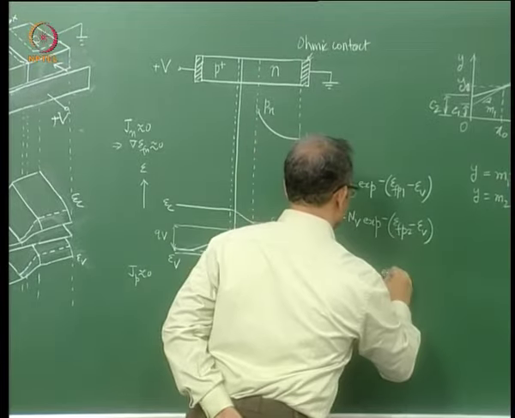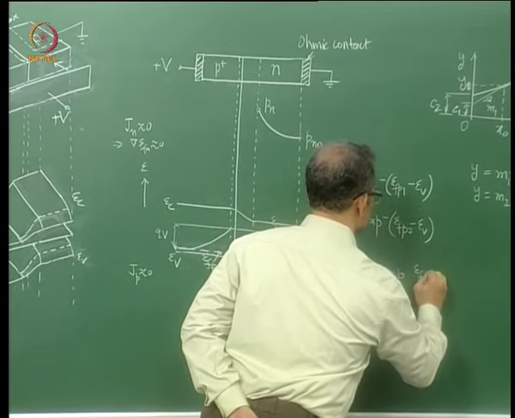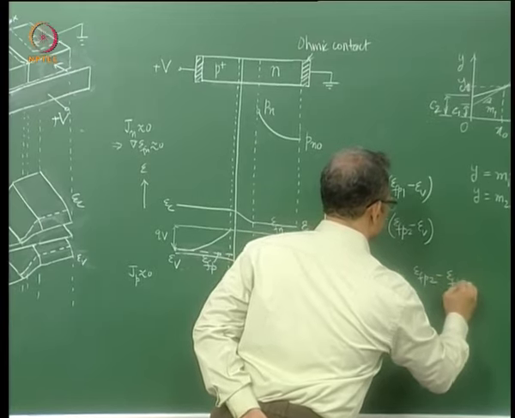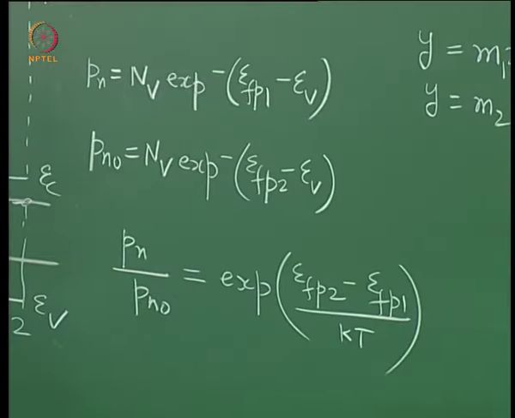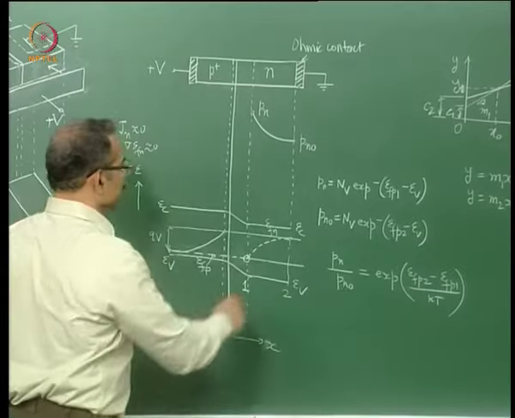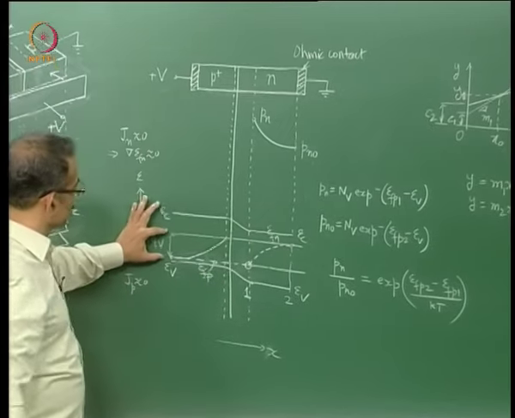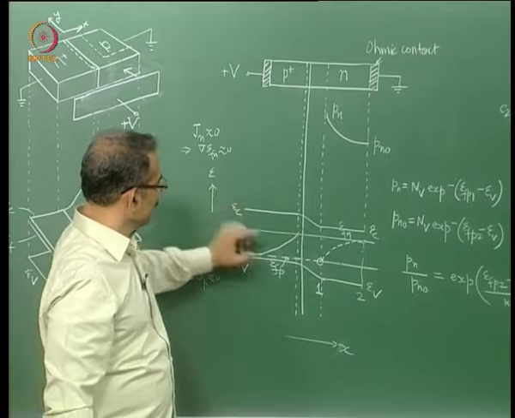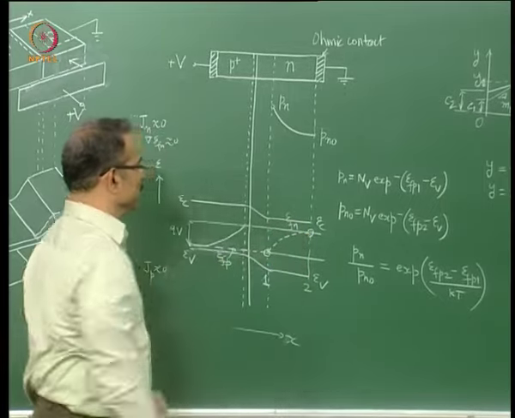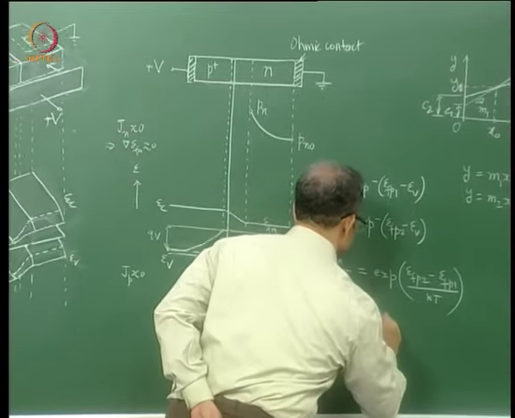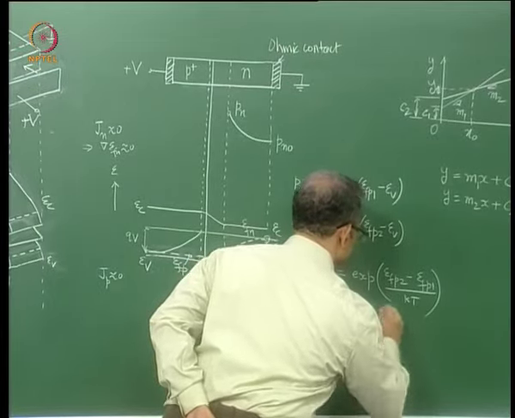Nv will cancel out and you will get this as exponential of EFP2 minus EFP1 by kT. Now what is EFP2 minus EFP1? EFP2 is this, EFP1 is this, and the difference between these two is Q times V. So difference between EFP here and here, this Q times V. Therefore this is equal to exponential of Q times V upon kT.